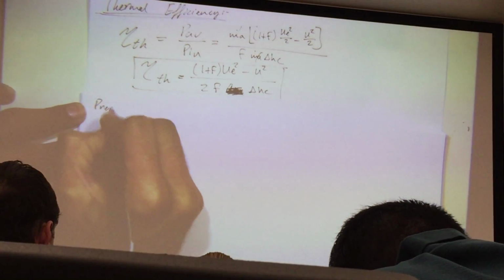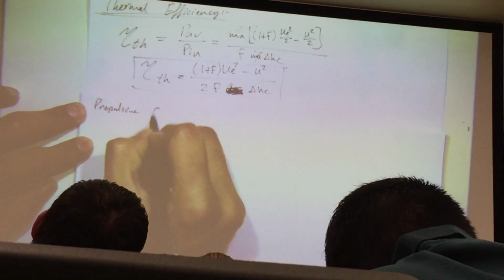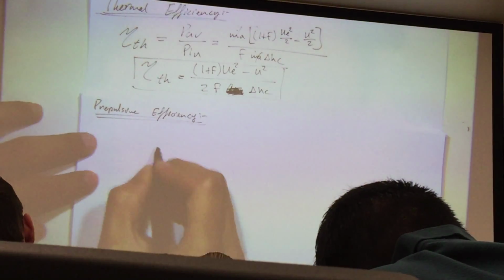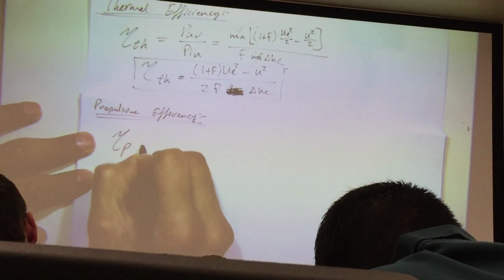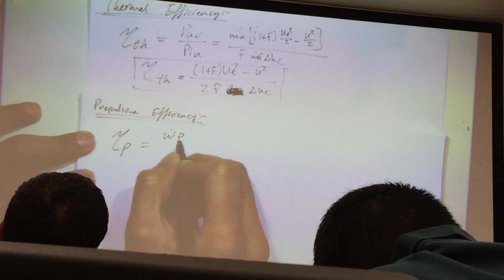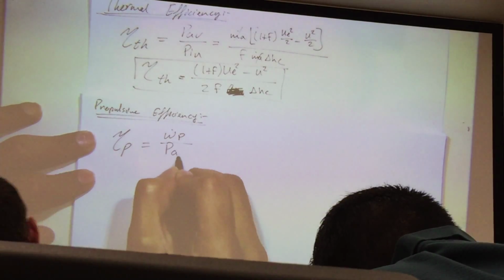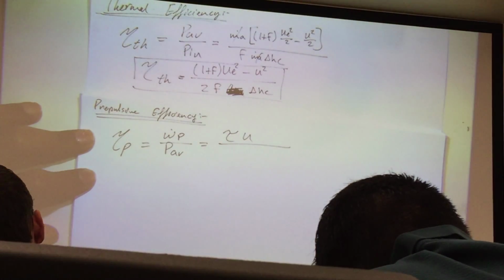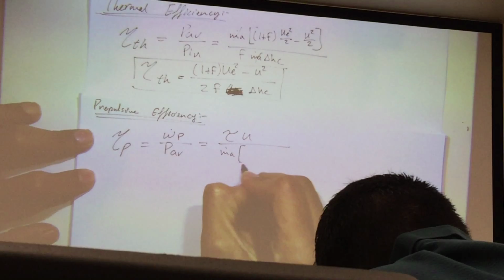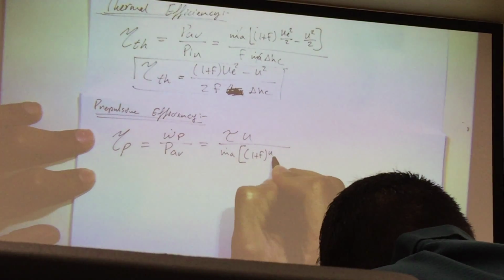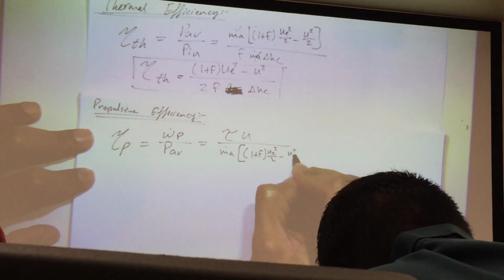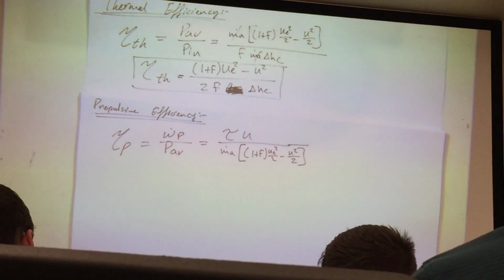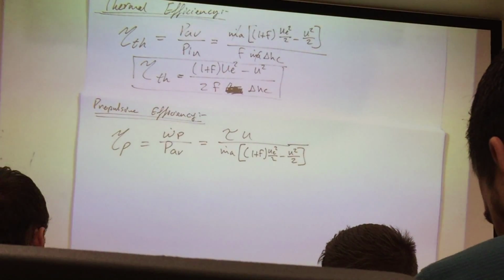Propulsive efficiency, eta P, is equal to the propulsive power divided by the available power, which is tau u divided by m dot A multiplied by 1 plus F, u exit squared minus u squared, divided by 2. And that's what we have for propulsive efficiency.